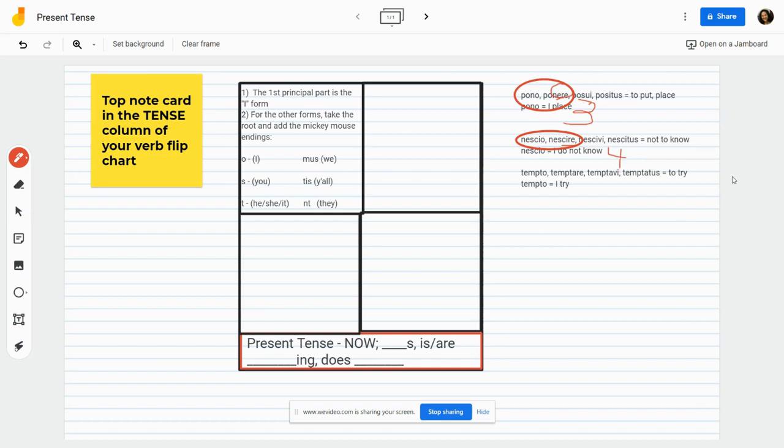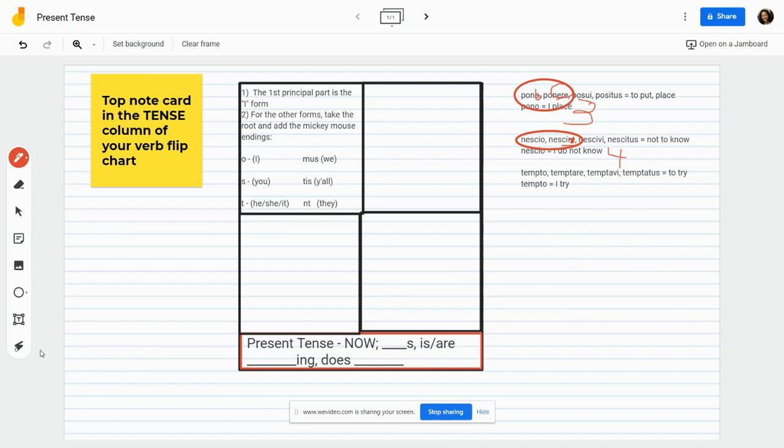How do I know? Because the bottom half of my verb chart says IRE equals fourth conjugation. If I look at the note card, it says you take the second principal part and cut off the RE. So the root for this one would be nesci, because I'm going to cut off the RE. For the other one, I would have cut off the O. Okay?